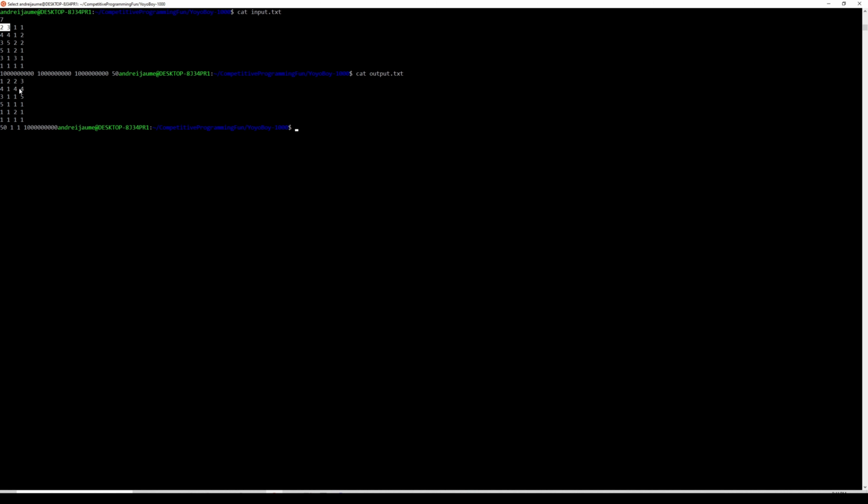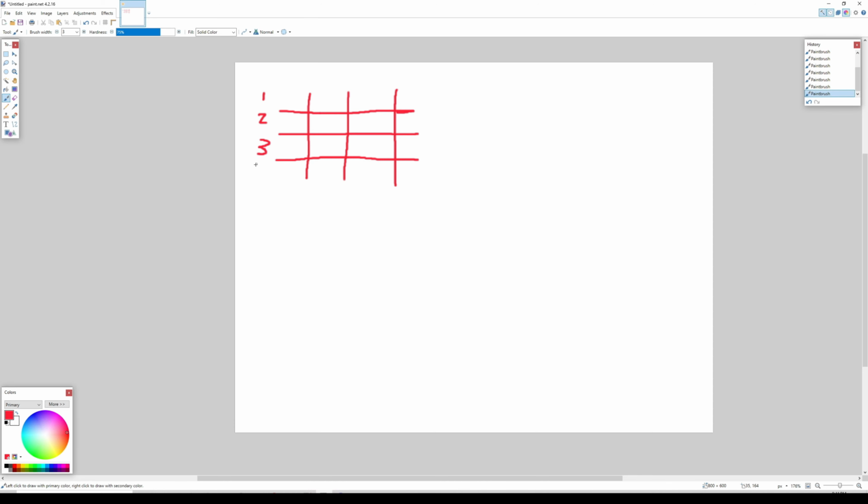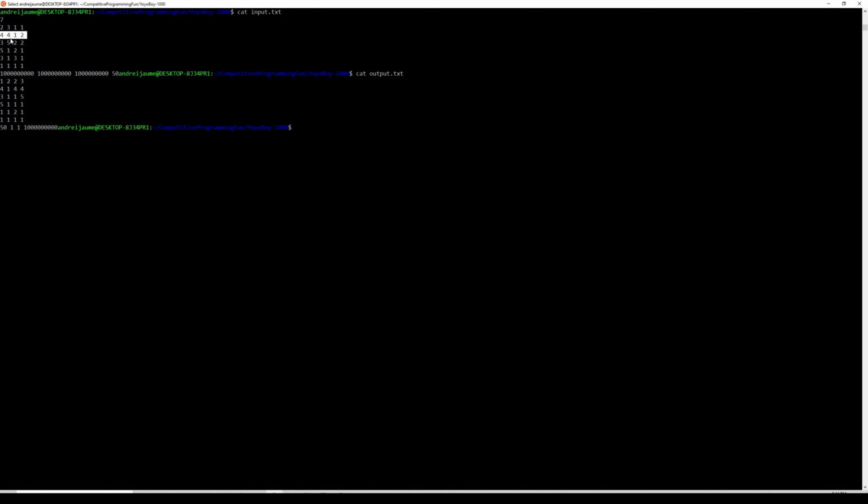This one might be a little better. The room is of size 4 by 4, and he starts at 1, 2. So let's make a 4 by 4. And Anton starts at 1, 2.